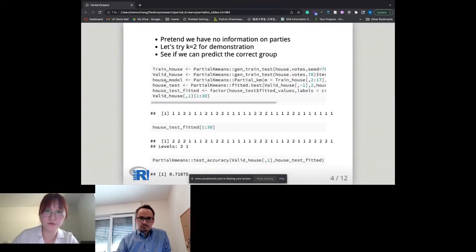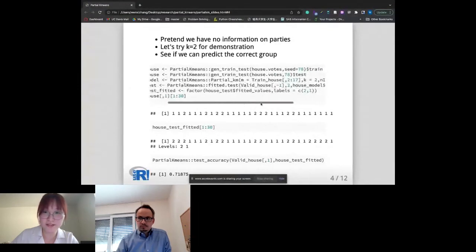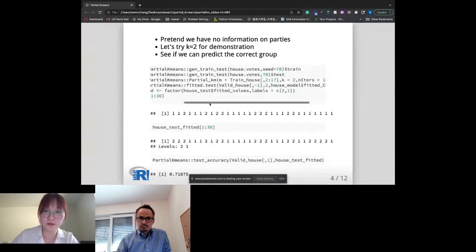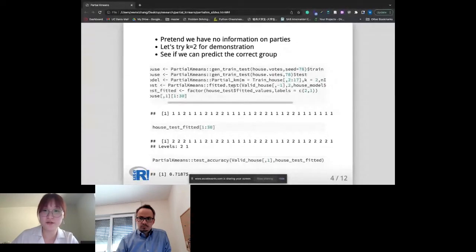So here we have the house model. And next, let's apply the fitted model to the validation set and feed them to the assigned clusters after we updated them from the partial k-means algorithm.